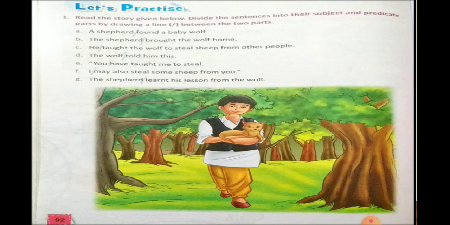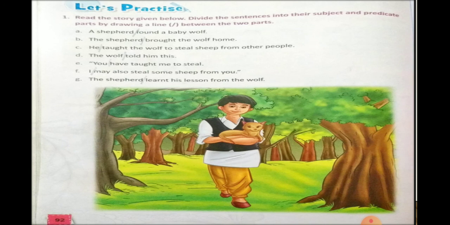So who brought the wolf home? The shepherd. So again after the shepherd you will draw a slanted line because it is the subject, and brought the wolf home is your predicate. Number C, he taught the wolf to steal sheep from other people.